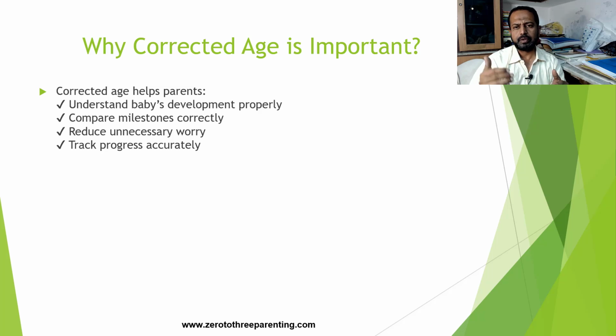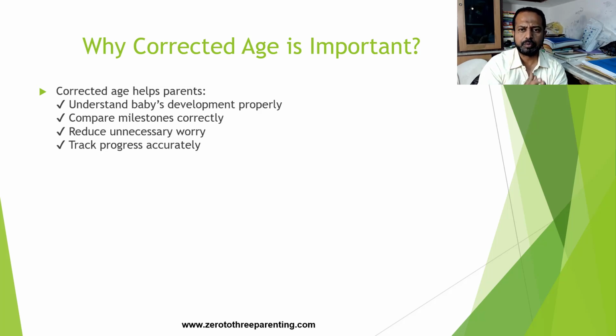If you calculate corrected age and then do a developmental assessment, you can find that the child is developing normally. It helps parents reduce their anxiety and stress: whether my child is developing normally or not, why is my child delayed. These types of questions will arise when you calculate with normal age for preterm babies.